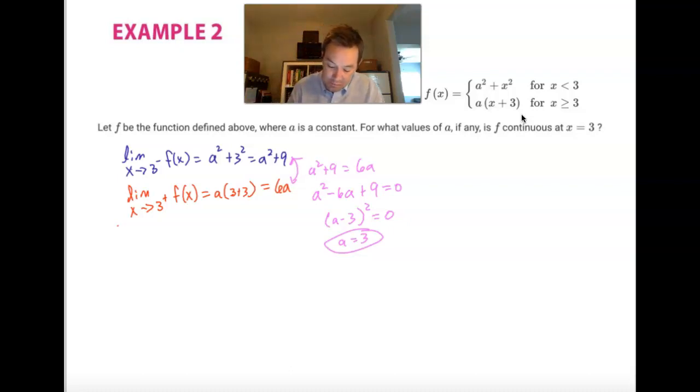So the function then becomes f of x equals 9 plus x squared when x is less than 3, and 3 times x plus 3 when x is greater than or equal to 3.